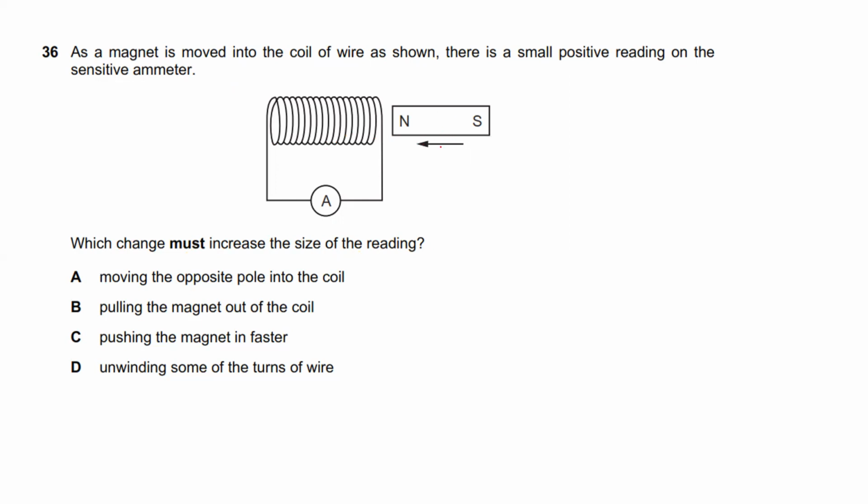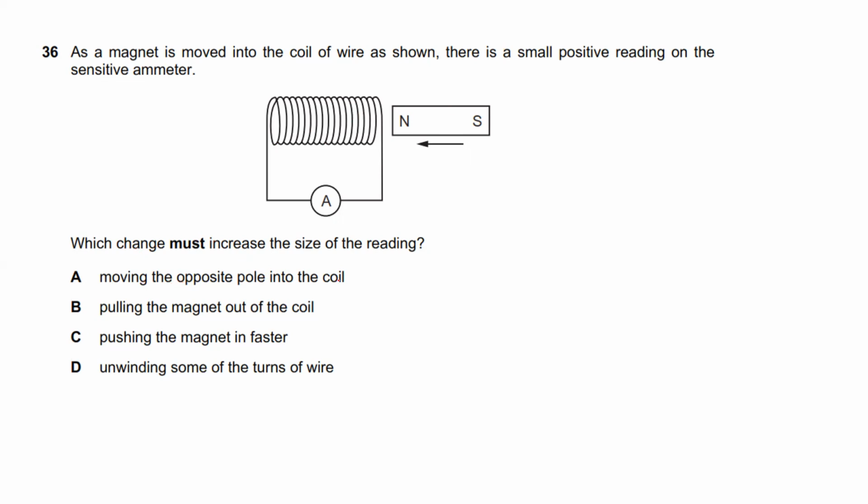If this magnet is moved towards this coil, then for the reading to increase, either the magnet should move faster, or the number of turns on the coil should increase, or the coil should move faster. If this coil is fixed, the magnet should be moving faster, or we can use a bigger magnet or a stronger magnet. So let's see what the options available are.